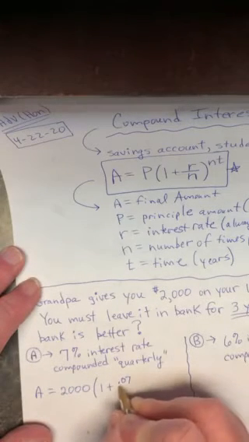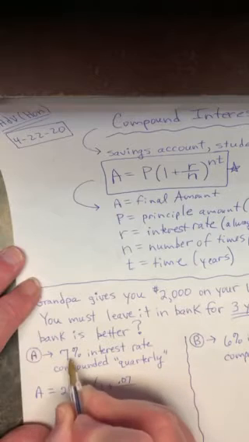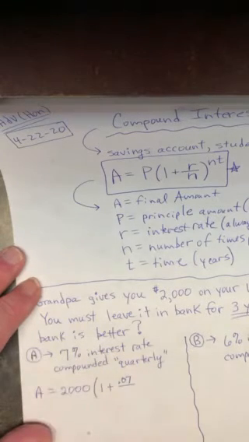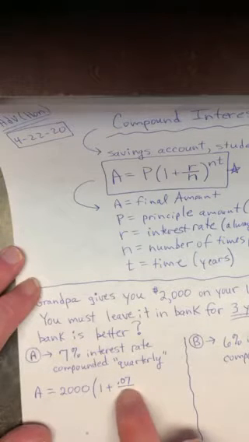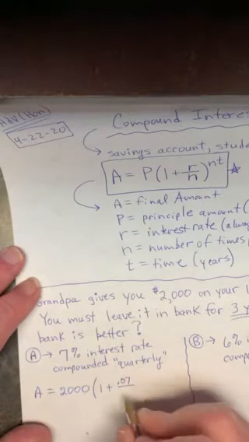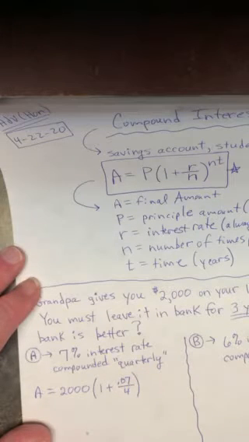So 0.07, I simply took that decimal point and moved it 2 places to the left to create that 0.07, over N. N means the number of times per year they calculate your interest. Since this bank does it quarterly, that means they do it 4 times a year.